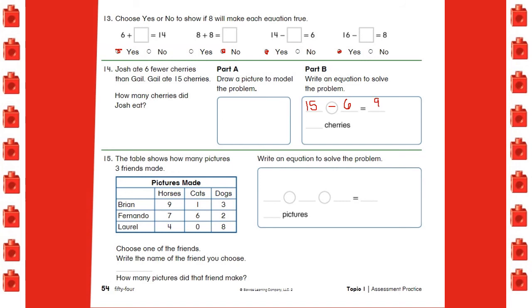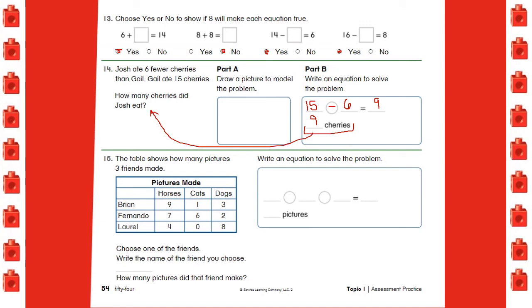There are a couple of different possibilities for the equation, okay, but the answer must be 9 here on this line. Now, if you had a different equation, that's okay, but the answer to the question, how many cherries did Josh eat? That's 9.